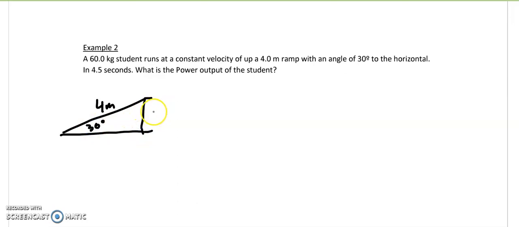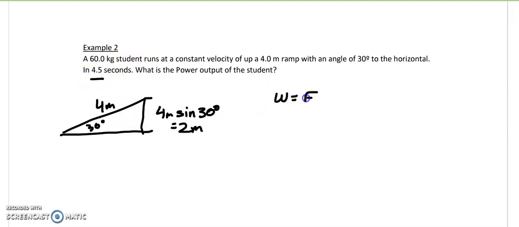What height are we actually reaching? Well, that's going to be 4 meters times sine 30 degrees, which is also equal to 2 meters. Okay? And so we're lifting this person up 2 meters in a time of 4.5 seconds.